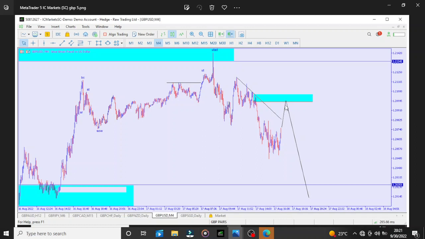I anticipated that the price would manipulate this momentum trend line before going to the downside. This is my 4 minute point of interest. Actually, the price took, I think, the M5 point of interest around this area.